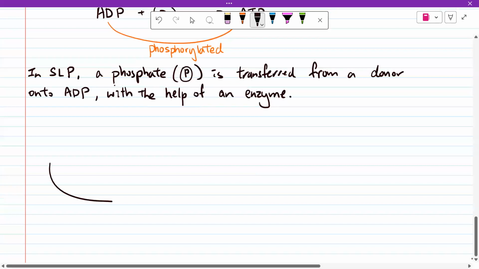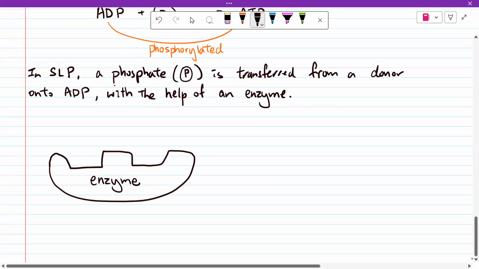Okay, so let's draw it out and see what it looks like. Here is the enzyme. And then we have two active sites, right? We learned that before. So over here, we have a donor molecule. Donor.